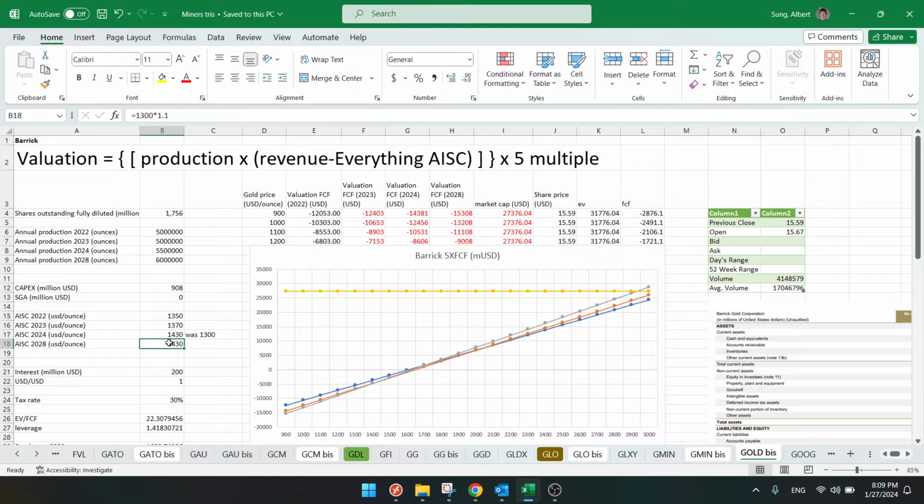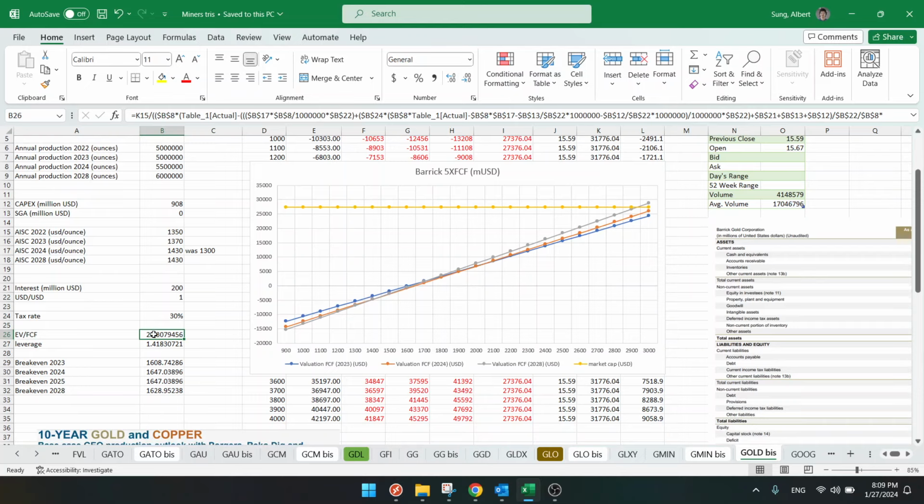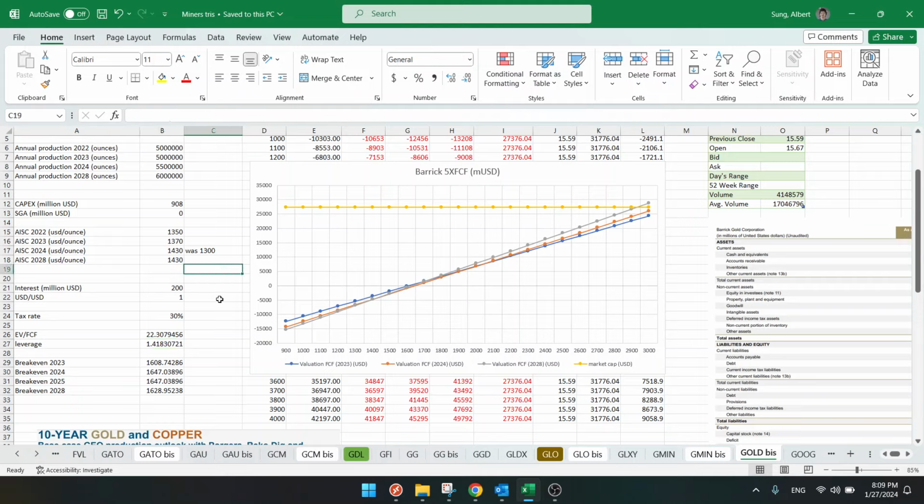Let's keep this constant, probably going up, but just use it constant. Interest payments of 200 million per year, taxes 30%, and we have an EV to free cash flow of 20, which is a bit high. Okay, that's very high. Leverage is not that big, 1.4 leverage on a 5 times earnings basis.